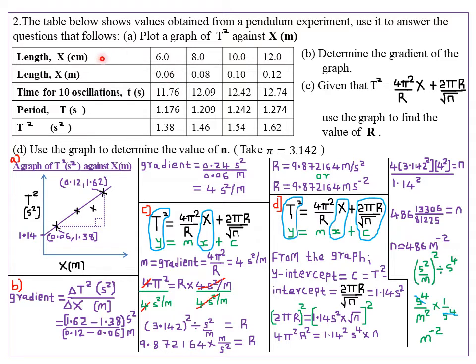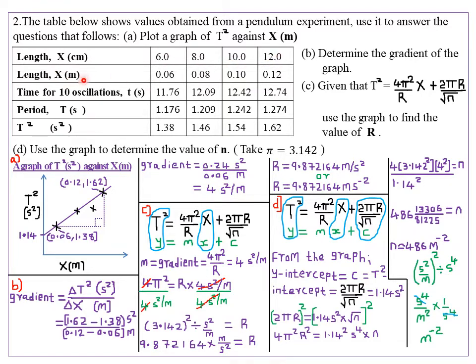Again, you have to be very careful to ensure that the number of decimal points are rhyming. Remember, for the previous example, we were given the values in vertical form, but in this case you are given the values in the horizontal form. So you ensure that all the values of length in centimeters have a uniform number of decimal points. For example, if my first value is to the nearest 1 decimal point, you can see that this one is also to the nearest 1 decimal point.